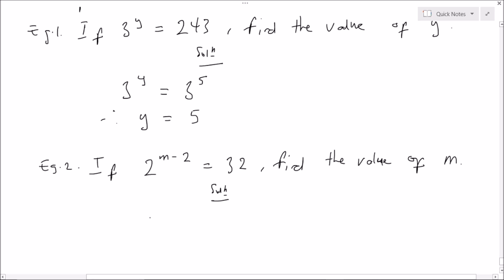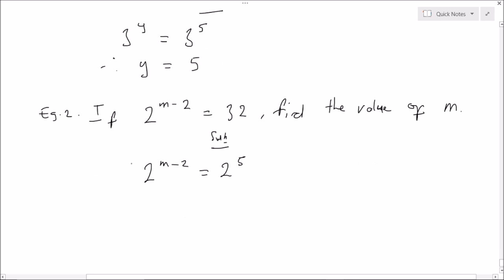Solution. So again, you make sure that the right hand side will also have base 2, since the left hand side has base 2, that is 2 raised to the power m minus 2. So you write 2^(m-2) is equal to 32, which is the same as 2 raised to the power 5. Now we see that the bases are the same.